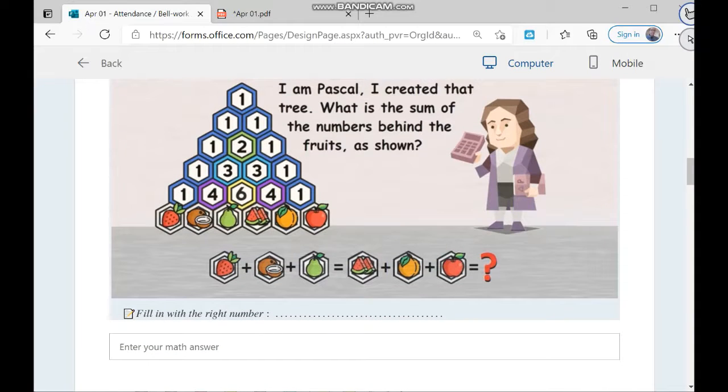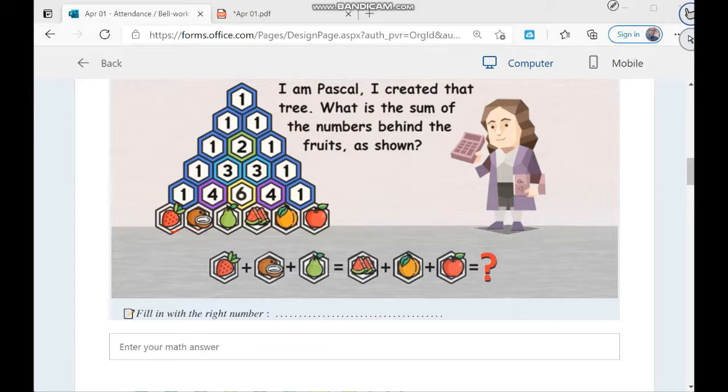Have a look, because this is a triangle that goes on and on. You can always add a new line at the bottom of the triangle. To find the line at the bottom, you just have to add the two numbers right above each number.